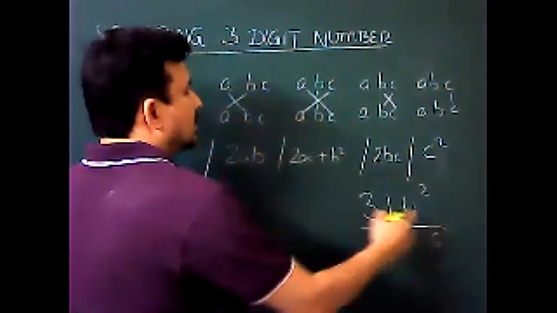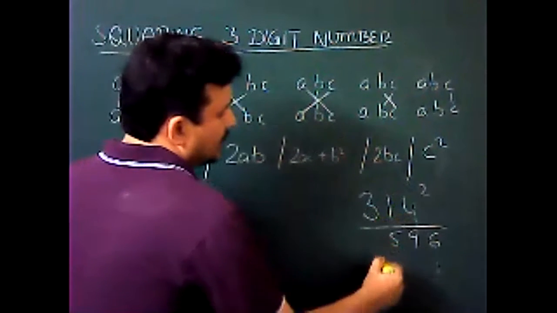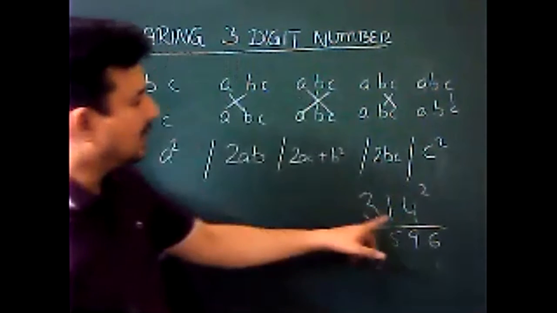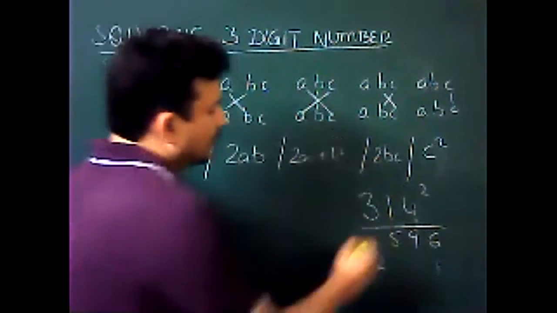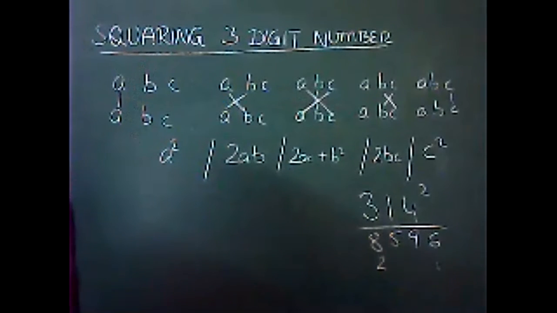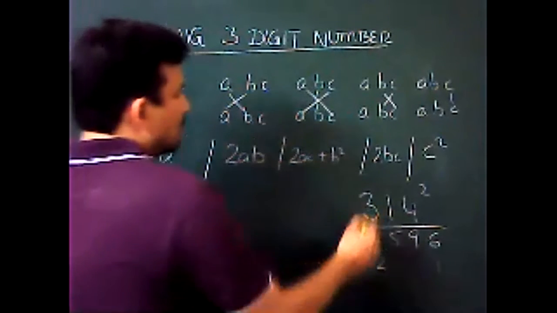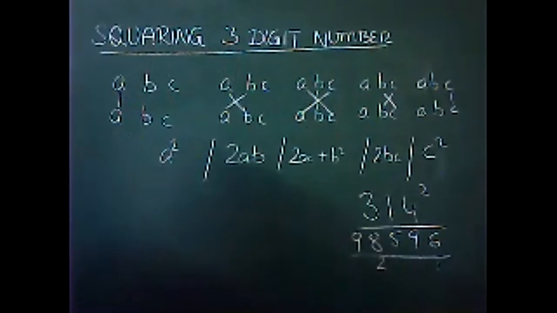This is 3 4s are 12 and we have to double it. 24 plus 1 is 25, so 5 and 2 carry. 3 times 1 is 3, double it becomes 6 plus 2 from carry, so this becomes 8. Now no carry, so 3 square is 9 and the answer is 98596.